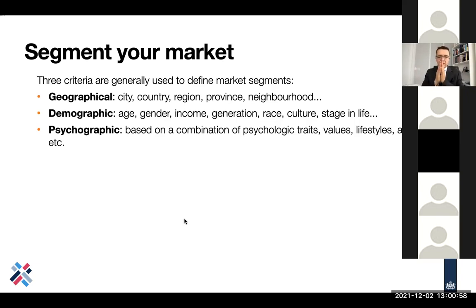Geography is very important for distribution and logistics purposes, but geography can also be determinant because it is, for example, the difference between urban consumers and rural consumers.